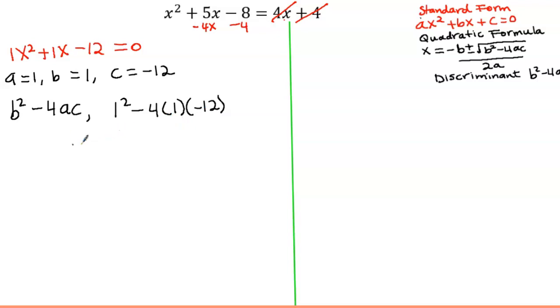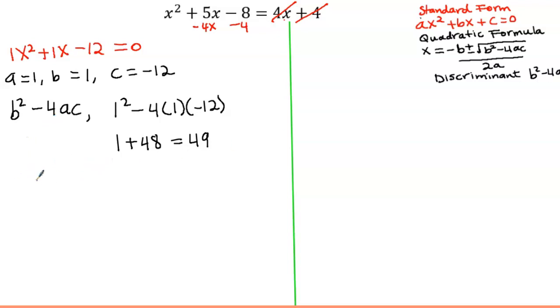So here we get 1, and the negative becomes plus. We multiply 4 times 1, and 4 times 12 becomes 48. We put it together and we get 49. And this worked perfectly because we got a perfect square.